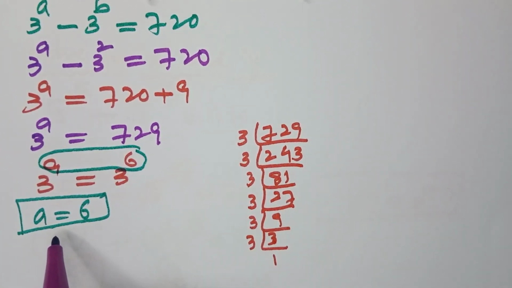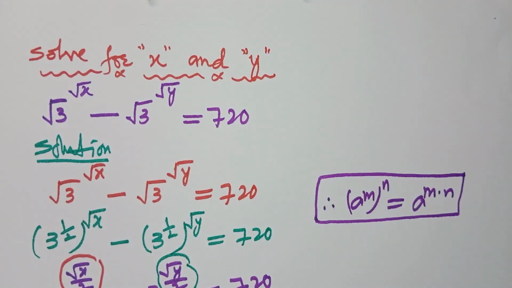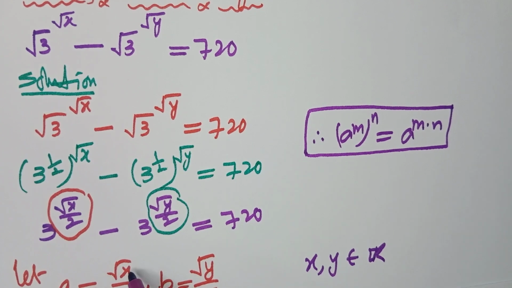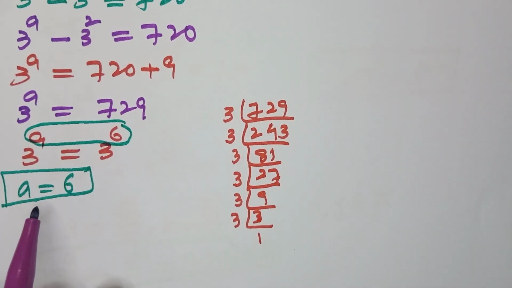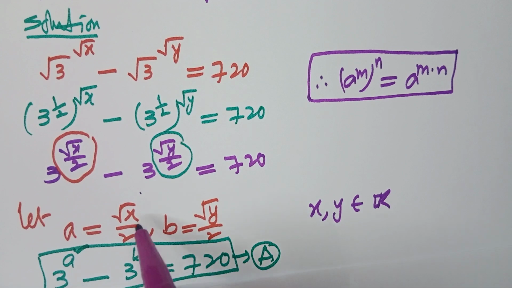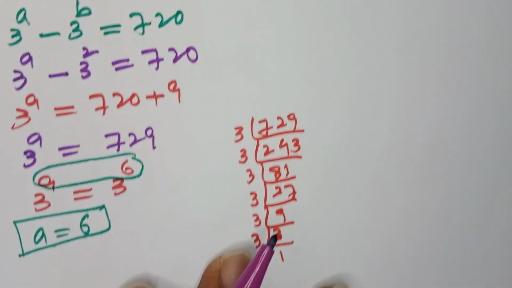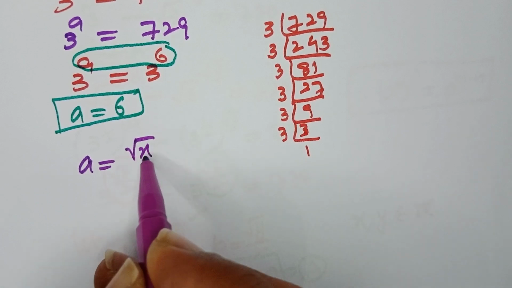Now finding the value of x. Initially we have supposed a is equal to square root of x upon 2. So we put a is equal to 6 in this equation for finding the value of x.